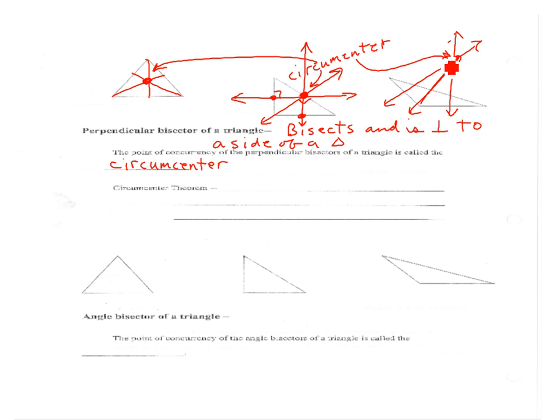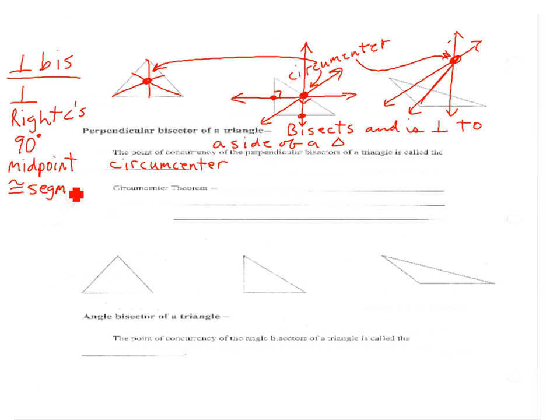Now the circumcenter theorem, and again, let's go back over here. Perpendicular bisector, as soon as you see that, things you should think of: perpendicular, right angles, 90 degrees, midpoint for bisector, if you're bisecting a segment, midpoint, congruent segments, and now circumcenter also. And we'll go ahead and write this in.